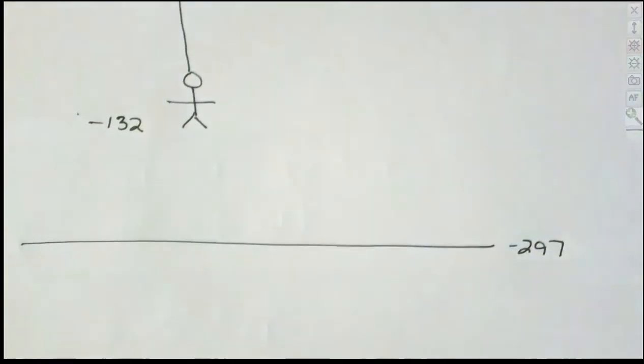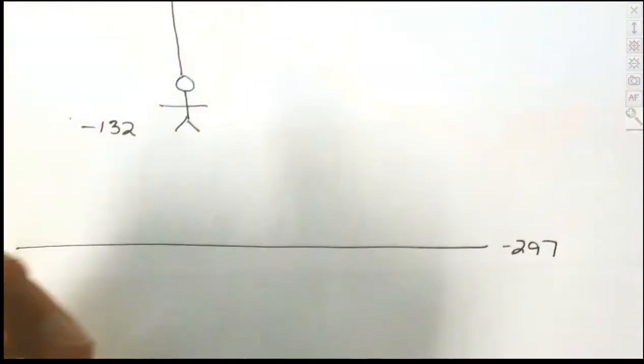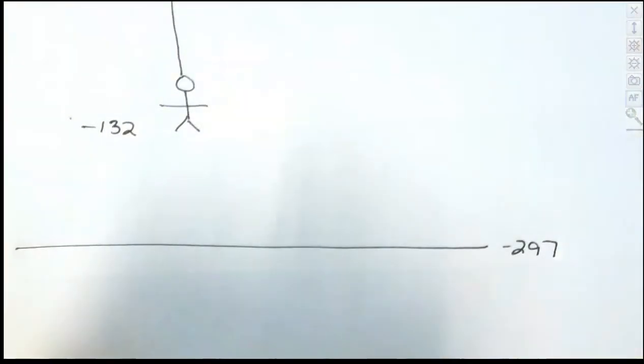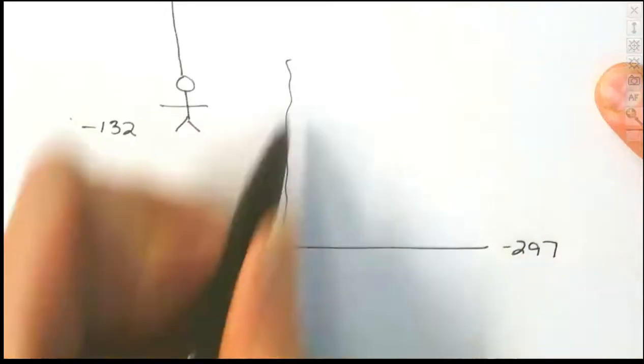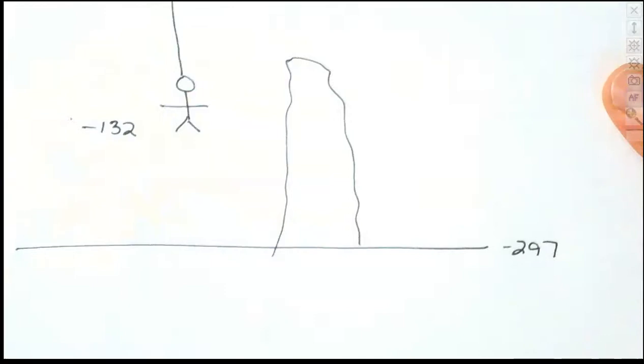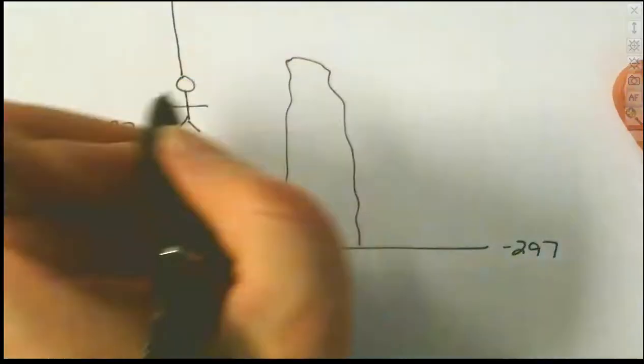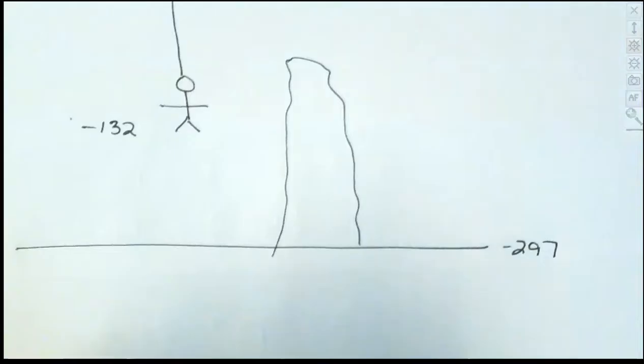Now, at the bottom of this ocean, there is going to be a rock formation that's going to come up 194 feet. So we have to be very careful about how this is labeled.